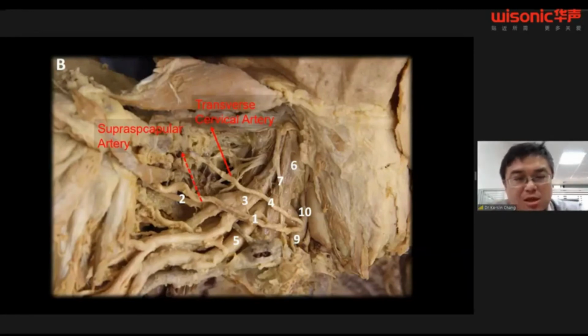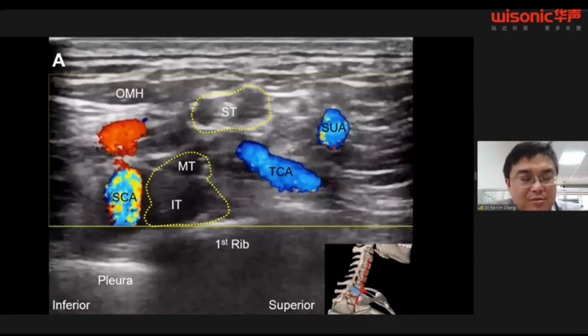Lastly, I'm going to emphasize that when you do the scanning, it's very important not to misrecognize some vascular structures as the nerve root. There are two important arteries we have to pay attention to. One is the transverse cervical artery. The other is the suprascapular artery.